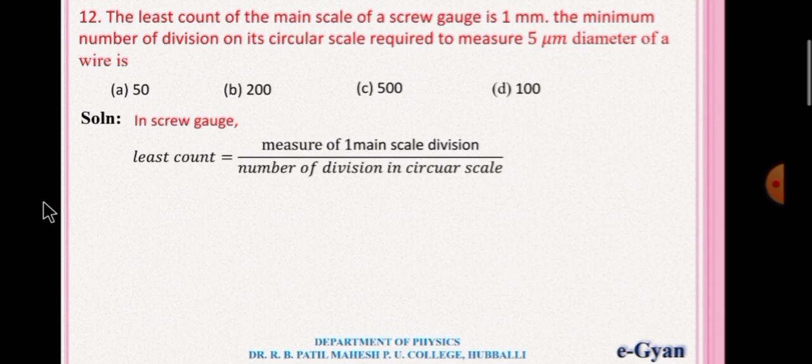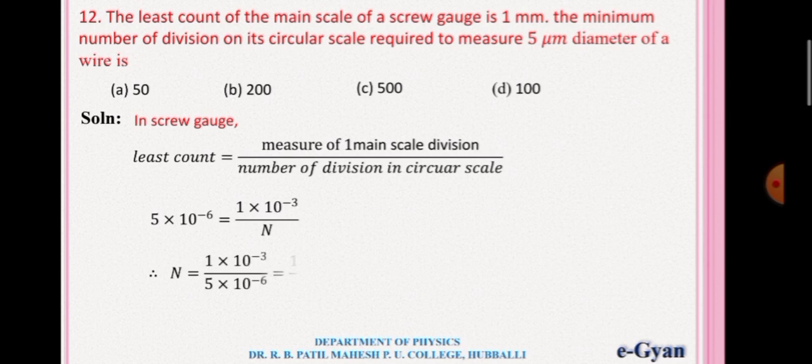Substituting these values, we get 5 into 10 to the power of minus 6 is equal to 1 into 10 to the power of minus 3 divided by n. Now take n to the other side and bring 5 into 10 to the power of minus 6 to the left hand side. We get n is equal to 1 into 10 to the power of minus 3 divided by 5 into 10 to the power of minus 6.